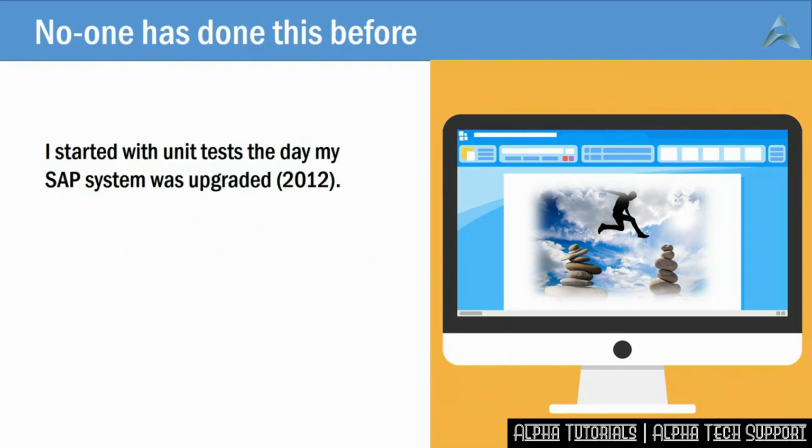The first argument is that no one's ever done this before, so it's too risky to try. As I mentioned in the introduction, some people think the whole TDD concept is something I made up. Now, whilst programmers in other languages have been doing this for ages, it is true that in the ABAP world, virtually nobody has.